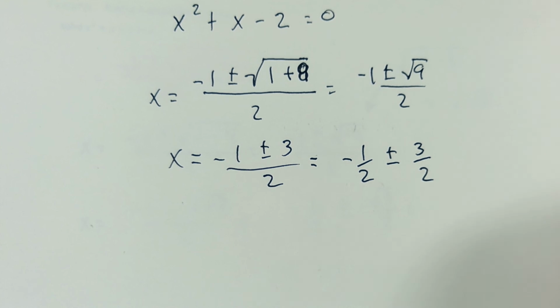And here's our solutions. Tell me, how far away from negative 1/2 is the number positive 1? 1.5. You mean 3 over 2? And how far away from negative 1/2 is negative 2? 1.5, or 3/2, excuse me.